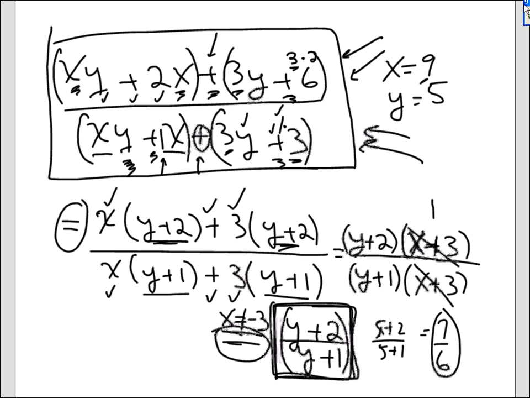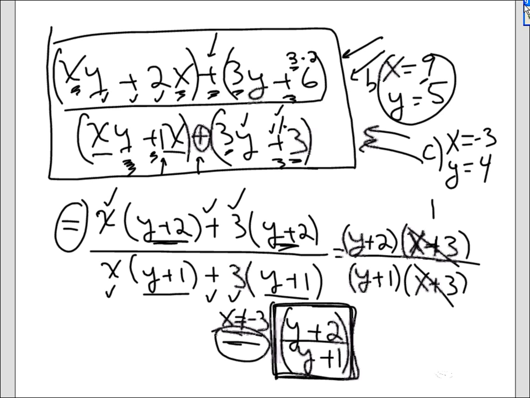7 over 6. But again, if that was part B, part A was to simplify, part B was to tell me what the original equation equals when x is 9 and y is 5. If part C says x is negative 3 and y is 4, you cannot come to the very bottom, y plus 2 over y plus 1, and say, oh, y is 4, 4 plus 2 is 6, 4 plus 1 is 5.